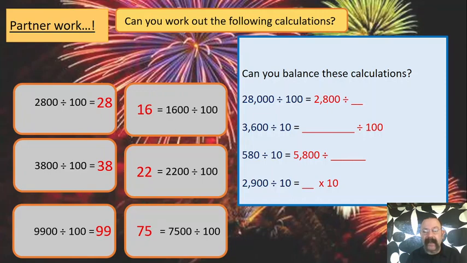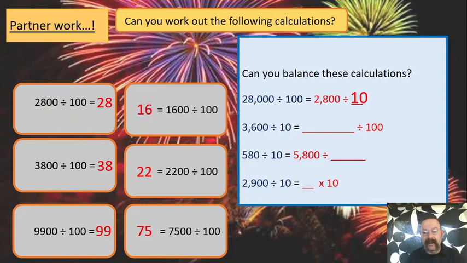Okay, now to balance these equations, you needed to make them have the same value on both sides. Okay, so we'll work through those. 2,800 divided by 10, you're moving those digits 1 place to the right this time, and that would match your 28,000 divided by 100.